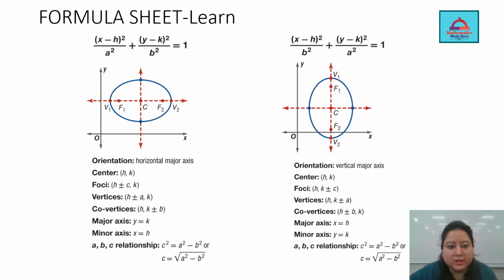Here, h comma k denotes the center, foci, vertices. So generally in a question, these three are what you'll be finding. Then co-vertices will be on the minor axis, the major axis, the minor axis, and the relationship. These are the important formulas, and I've kept the list of all important formulas on one slide for you so that you can learn.